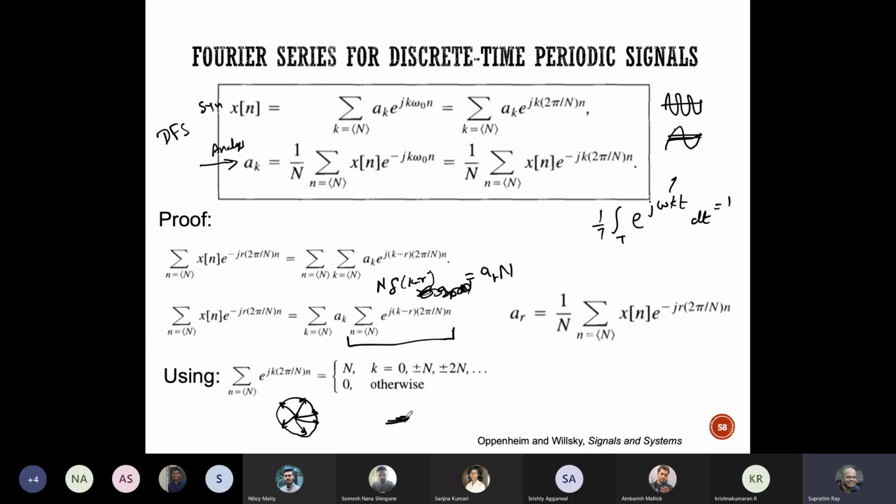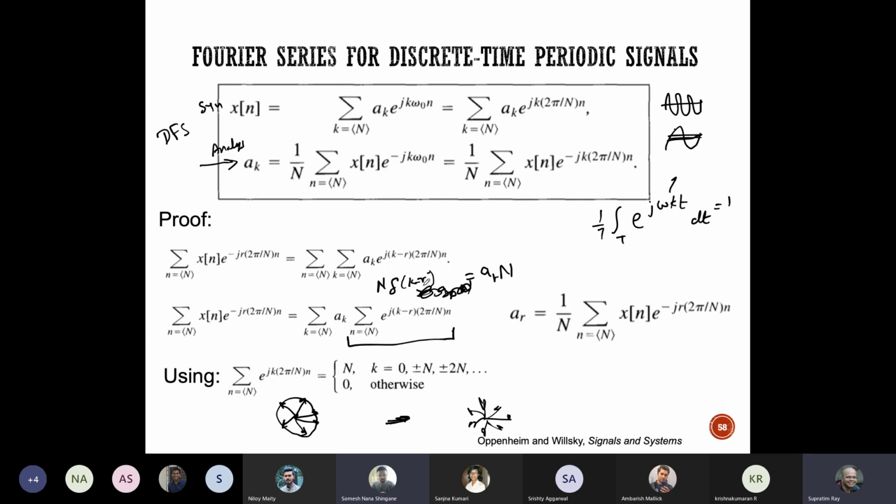They're all vectors lying like this. So the summation is just N. Likewise, when it is N or 2N or 3N, even in this case, these are all ones. But in all other cases, they would be something like these, N vectors, and they add up to 0. Much like the integral was adding up to 0. If this is fine, this inner sum is just N times the delta function of k minus r.